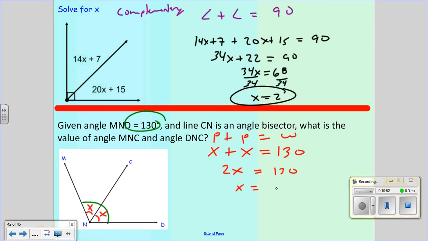So each angle should measure 65 degrees. So again, the measure of angle MNC should equal the measure of angle DNC, which should equal 65 degrees. Not too bad. So sometimes it's, again, supplementary, complementary, or vertical. Other times they just give you the information and you use it.